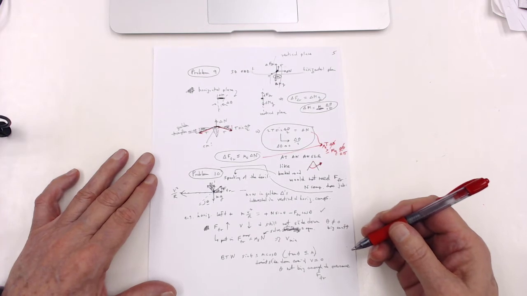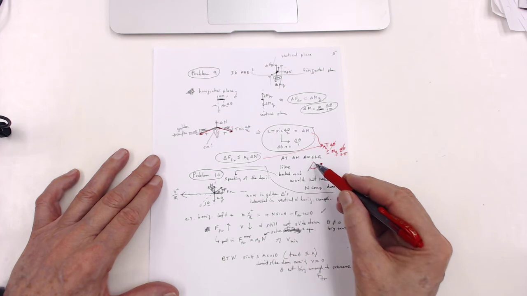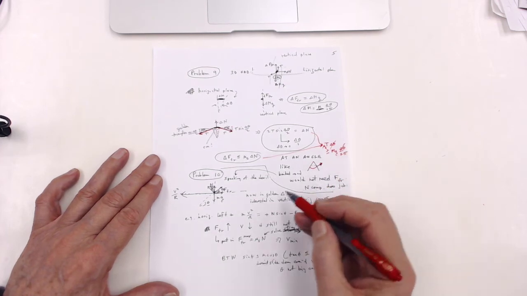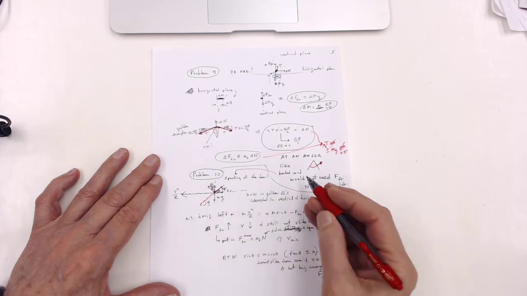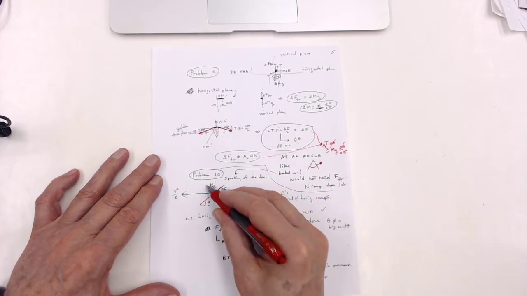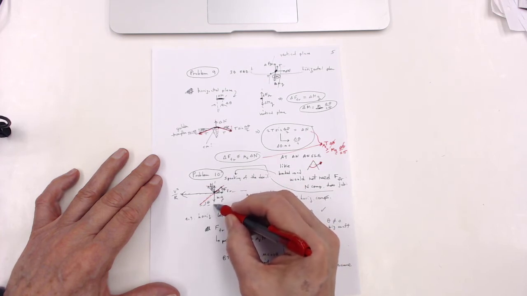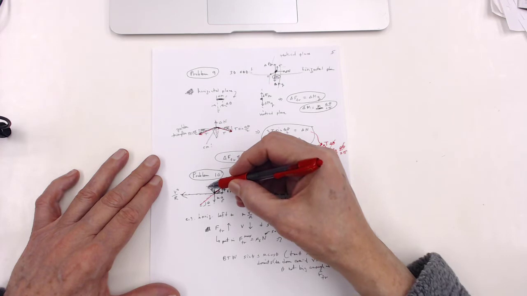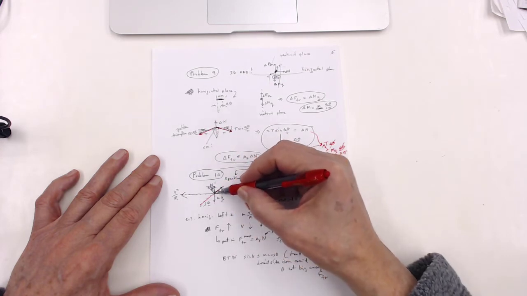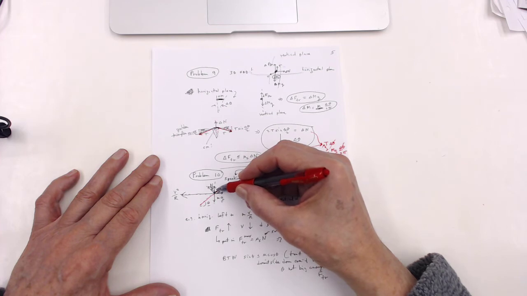Problem 10. Speaking of a banked, a wall here, we've got a banked road. We've got normal force, friction force, weight, golden triangles all over the place. If this is theta, then that's theta, and then that has to be theta because they're both complementary to that.